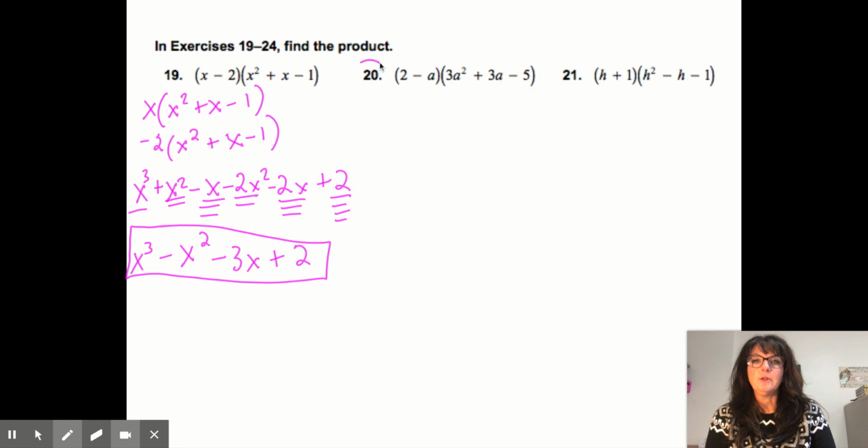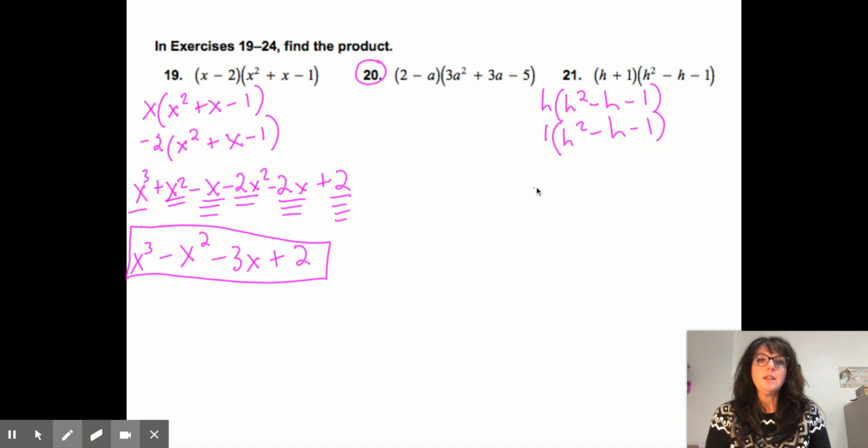I'll let you go ahead and do number 20. I'll continue on. So h times h squared minus h minus 1, and 1 times our h squared minus h minus 1. So I'll start with h cubed minus h squared minus h plus, starting on the second distribution, 1 times, basically just rewriting that.